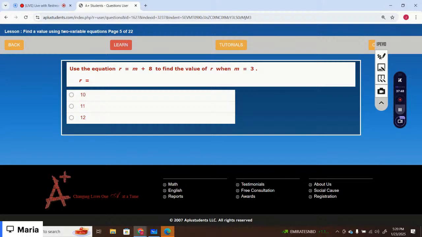That is r equals 11. Option number 2 is the correct option.